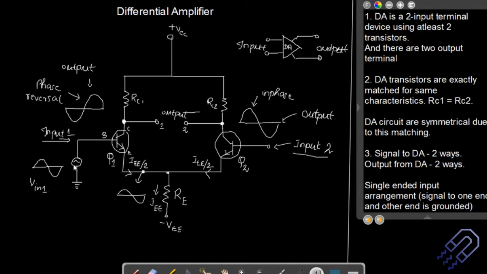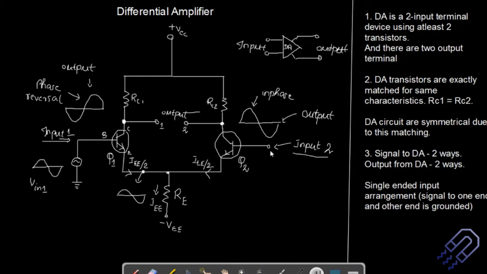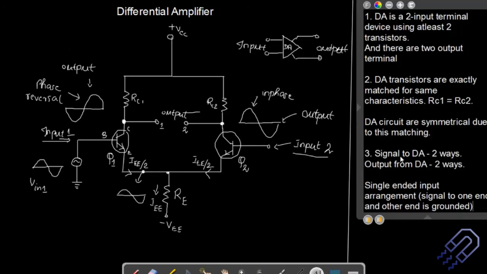If you are applying a voltage signal or a current signal and you ground this part, this is 0 and this part might have more voltage, so the difference is the voltage that you are applying as an input. This part is grounded here. I'm not drawing it right now because I'm not mentioning whether it is single-ended or double-ended, but this is a circuit which you can draw.